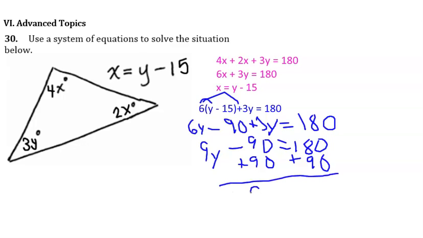And so you have 9y equals 270. Divide each term by 9. And then you get y equals 30.